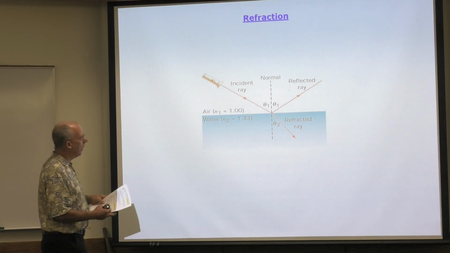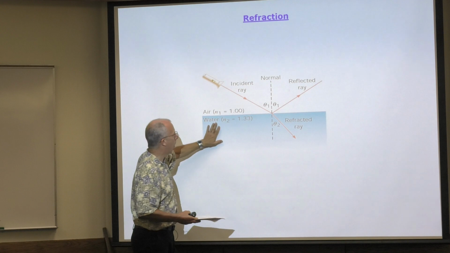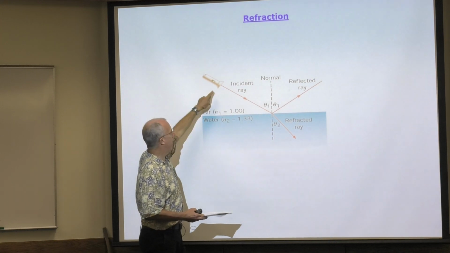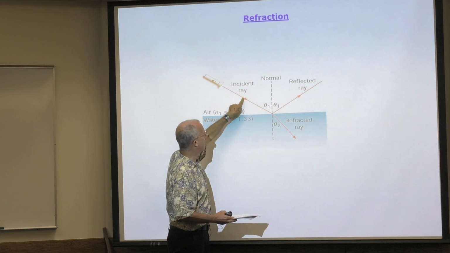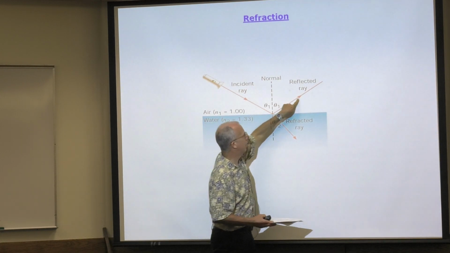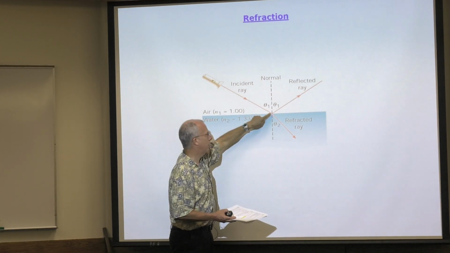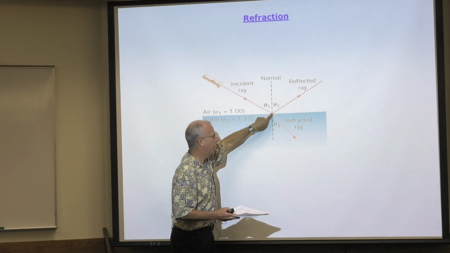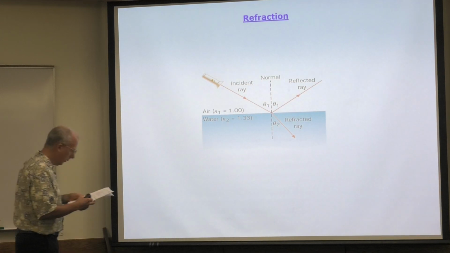All right, so here we go. So here, this is air, this is water, and you'll see that here's a nice ray of light. And what happens now, look, some of it reflects, so we still have that equals that, no kidding. But some of it doesn't reflect. We call it refract, so it goes in the water. Now what do you notice about the angle?